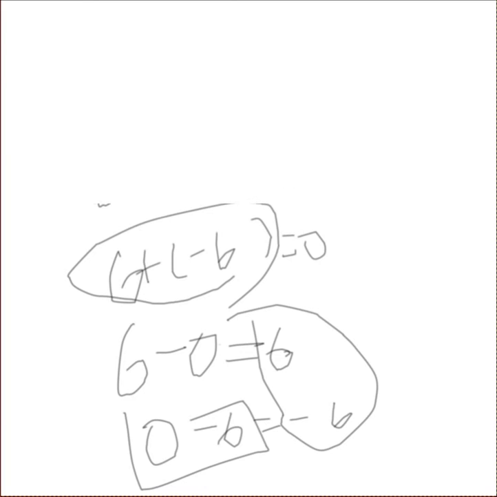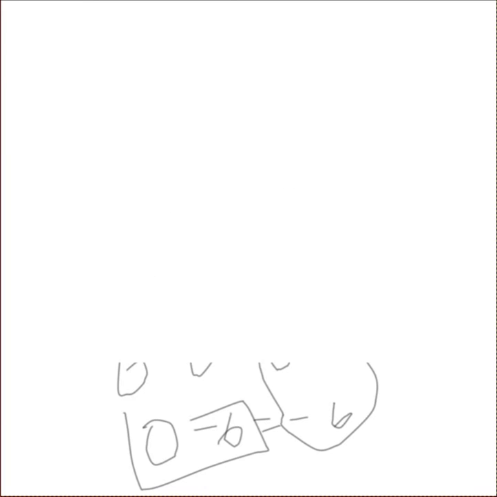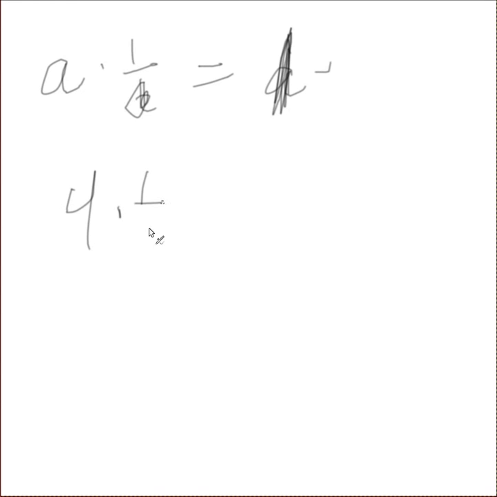So the next topic we did is reciprocals, and reciprocals is basically like negation except from a multiplication point of view. So if you have a number A, A times 1 over A is 1. Like 4 times 1/4 is 1.